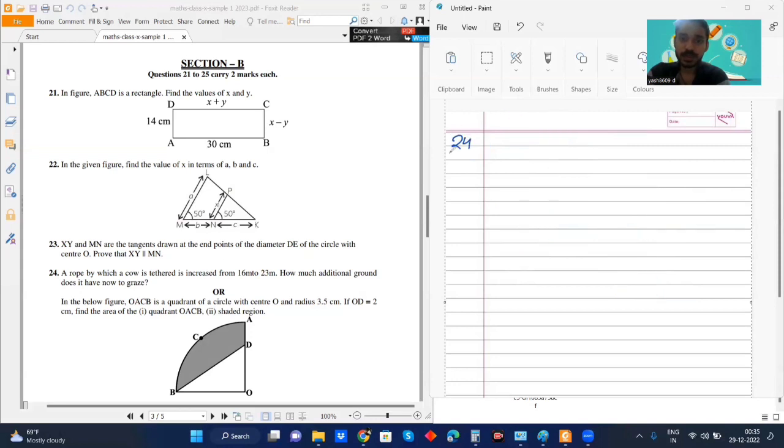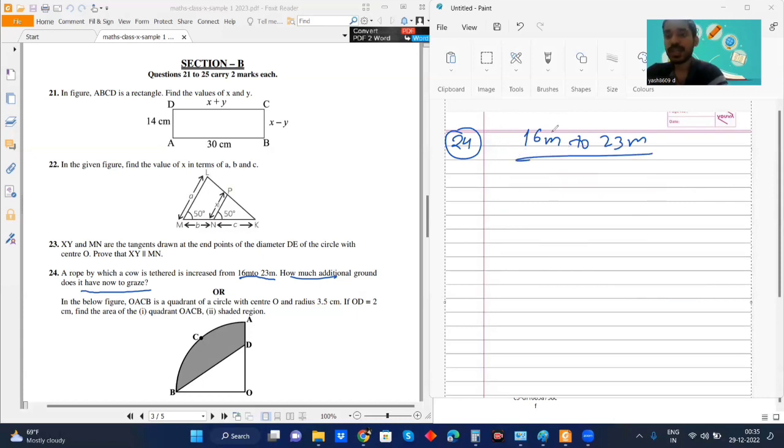Next, number 24. It says a rope by which a cow is tethered is increased from 16 to 23 meters. How much additional ground does it have now to graze? So first thing is, the rope is increased from 16 meters to 23 meters.